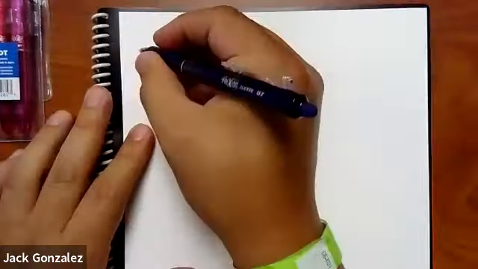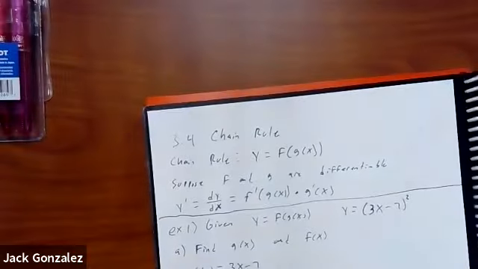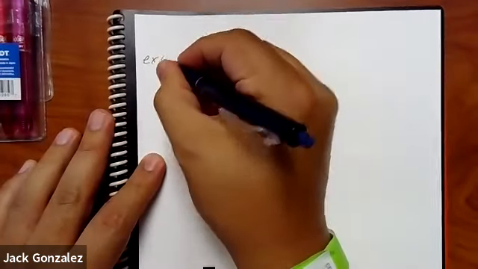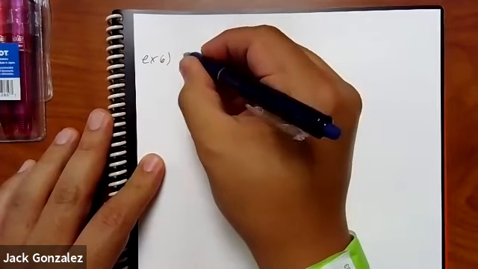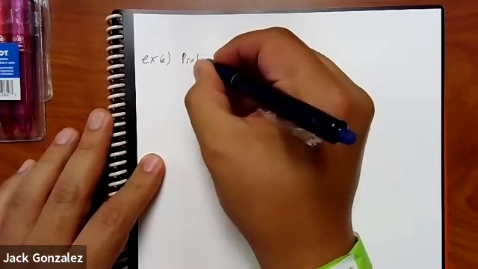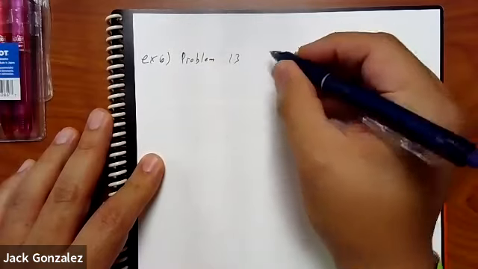Let's do this one. Example 5, right? Um, 13 looks disturbing.